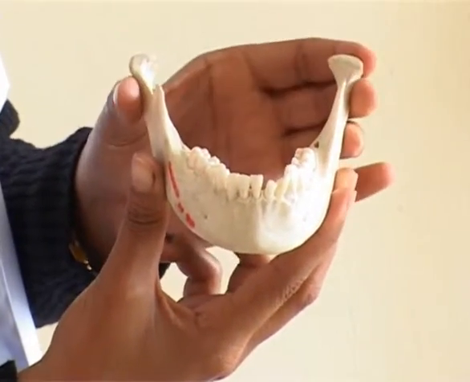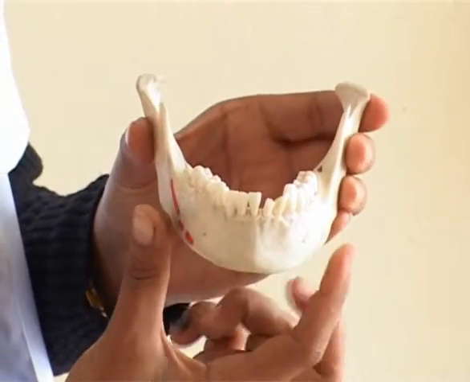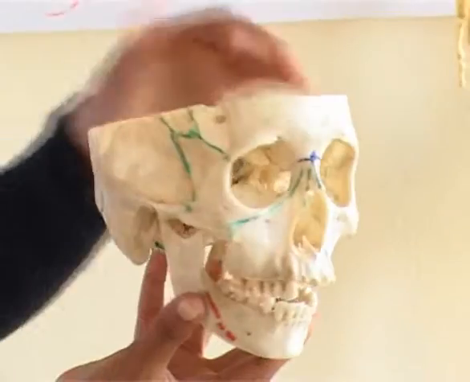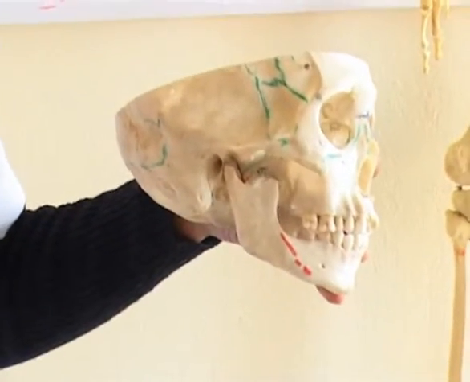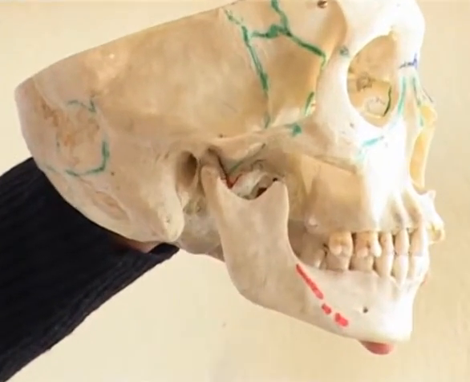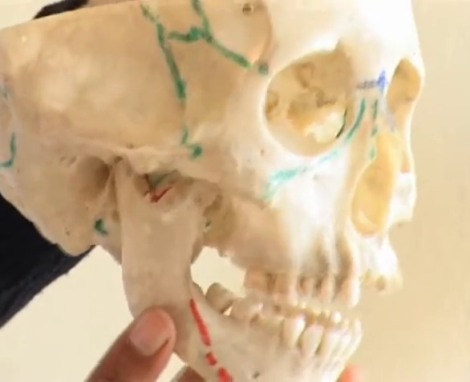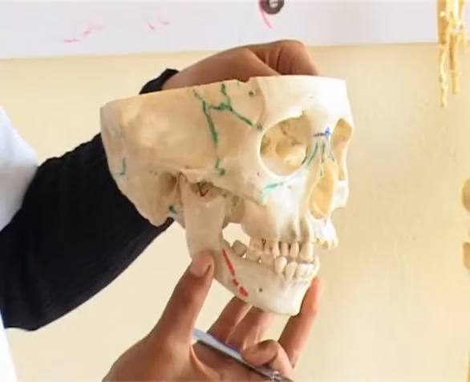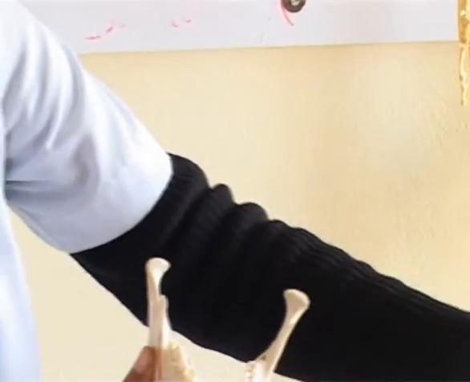The mandible. Mandible is the largest bone of the face. It forms a synovial joint in the skull and it is the only mobile bone. It develops from the first pharyngeal arch.